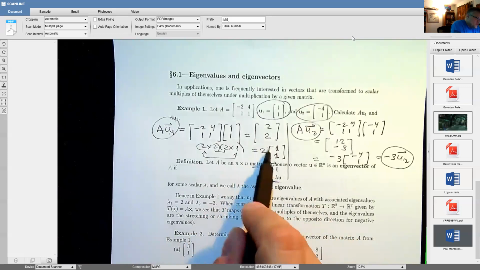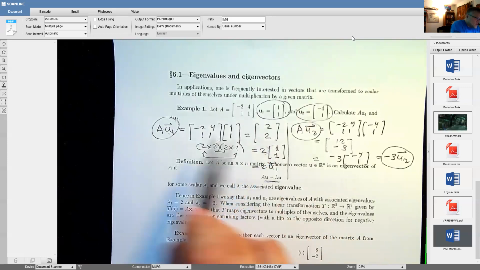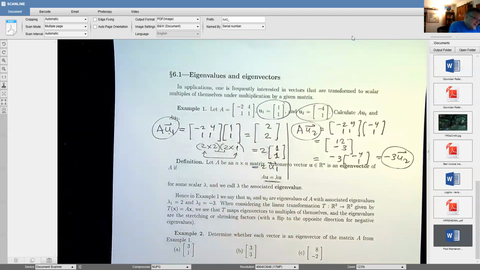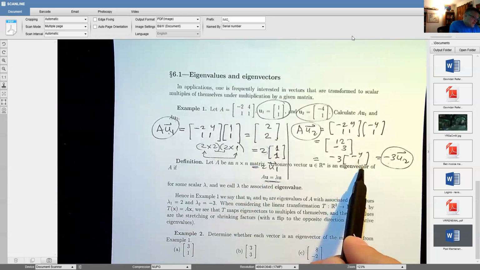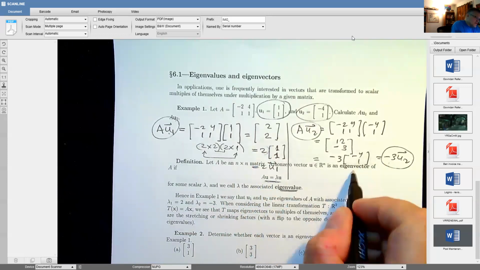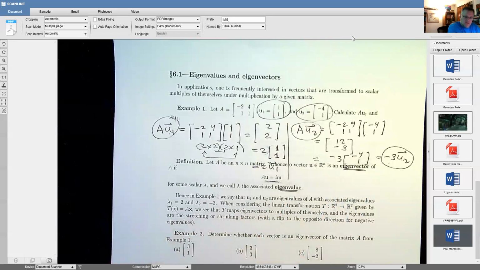Here, this 2 was the scalar that made this work. That 2 is called an eigenvalue corresponding to this eigenvector. In the same way, this scalar negative 3 is the eigenvalue corresponding to that eigenvector. Two new words to add to your vocabulary.